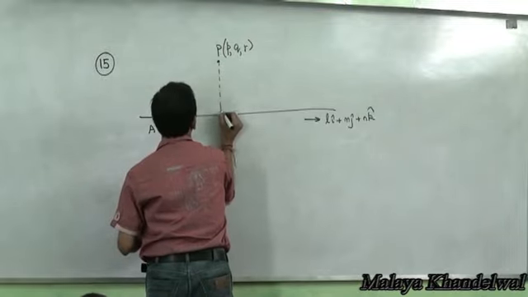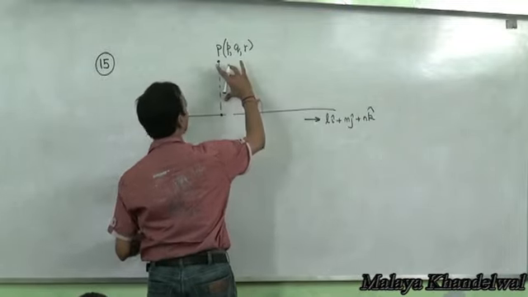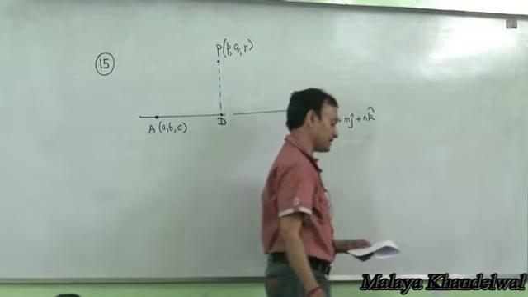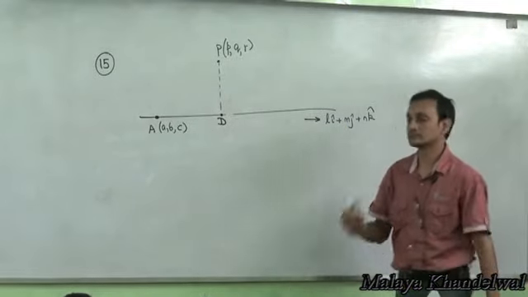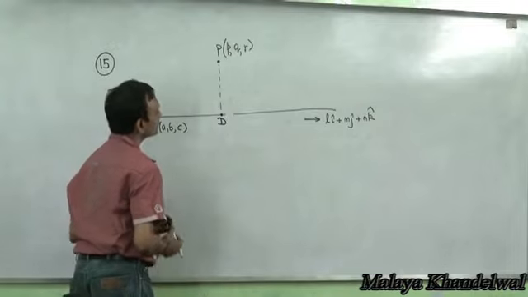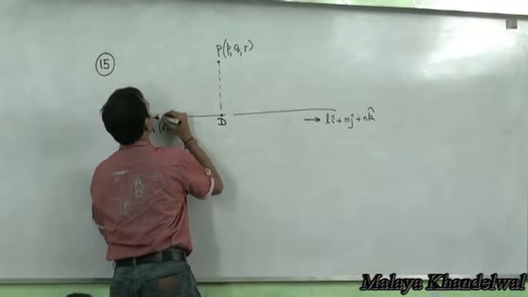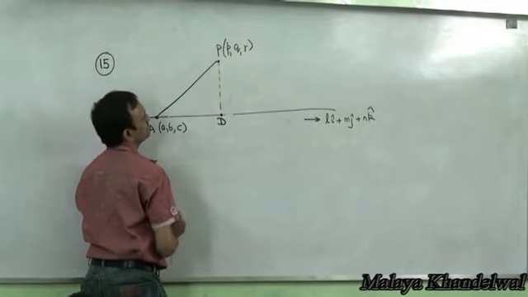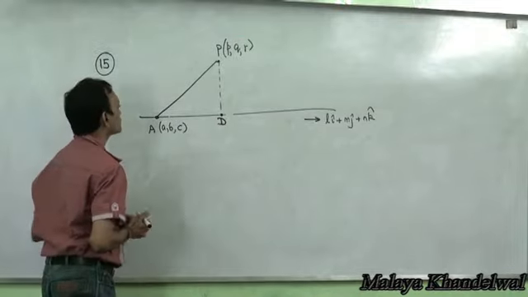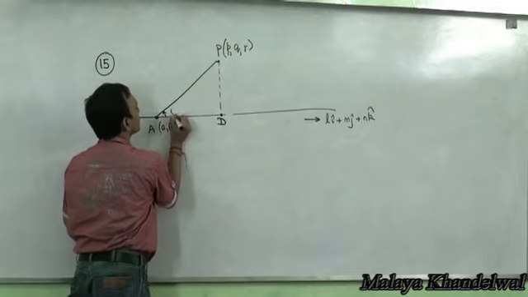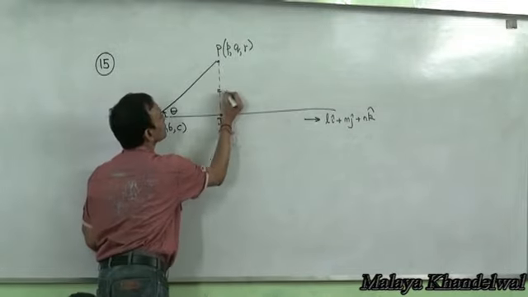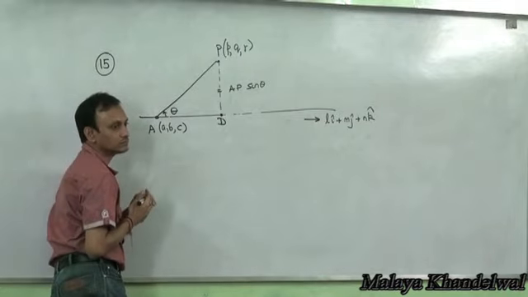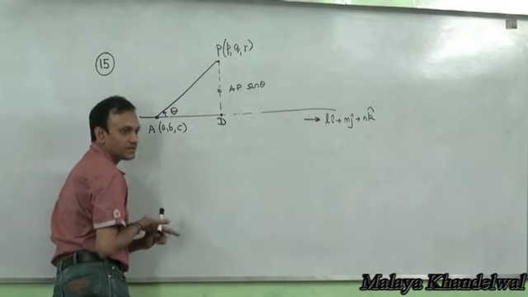We need to find the square of this length. We need to find the square of PD. We realize that PD is AP sin theta.